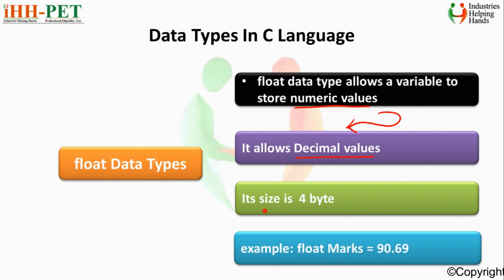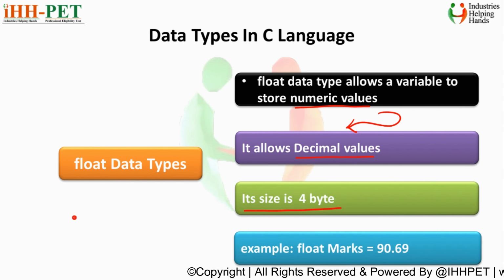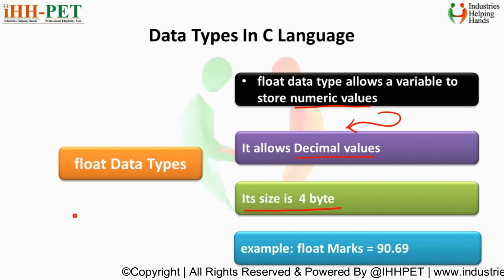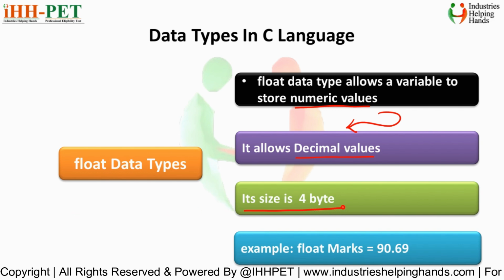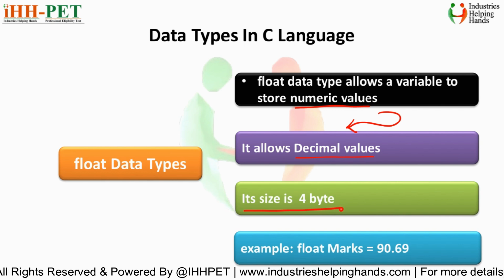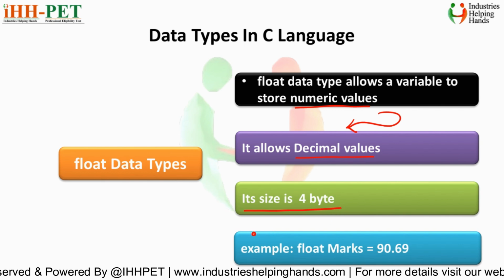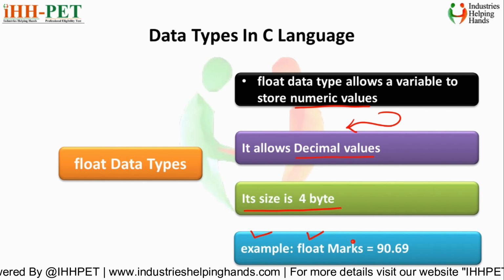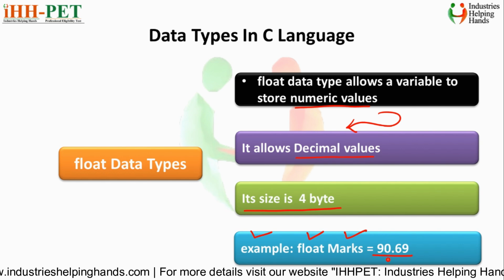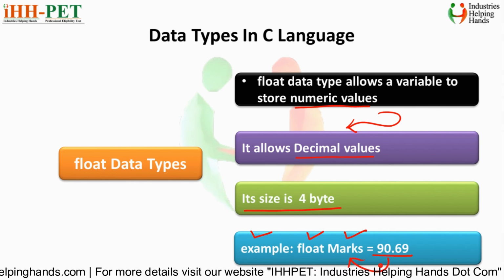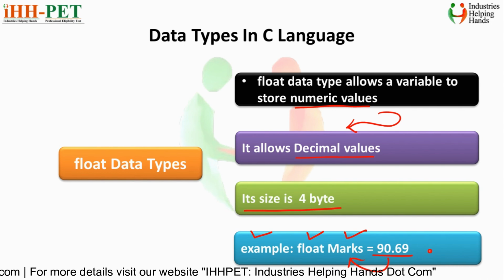You can see here its size is 4 byte, and every time you will see that the float data type size is 4 byte in C programming. An example you can see here: float is a data type, mark is a variable name, and 19.69 is a value which will be stored in mark.